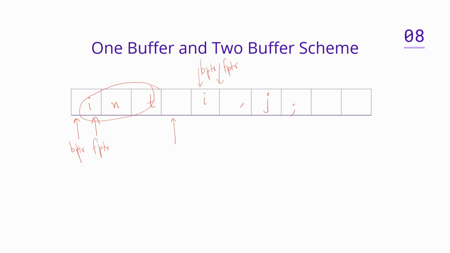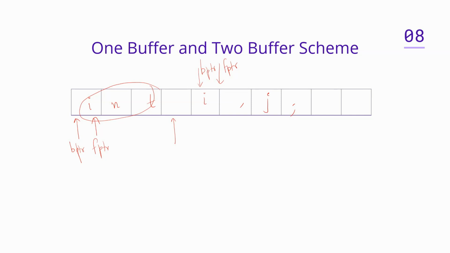So we introduce one more technique called the two buffer technique, wherein two buffers are used to store the string. The first buffer and second buffer are scanned alternately. When the end of the current buffer is reached, the other buffer is filled. The problem again here is that if the length of the lexeme is longer than the length of the buffer, then the input cannot be scanned completely.